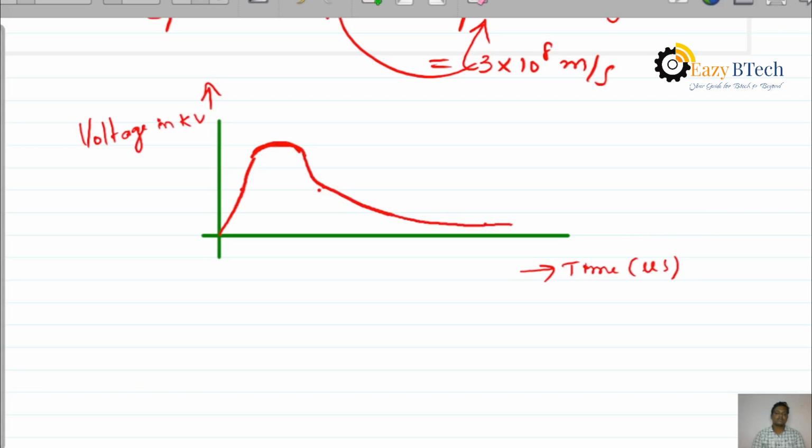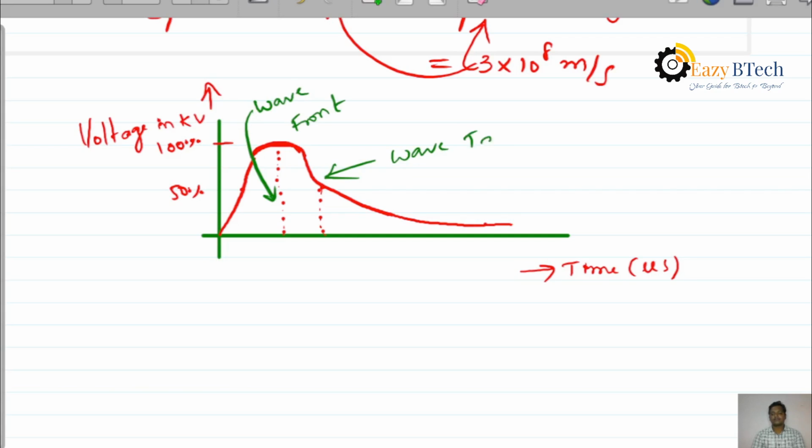So this is the maximum value. This is 50% of the wave. Here it is 100% of the wave. It is 50% of the wave. Here, this part is called the wave front, and this part is called the wave tail.